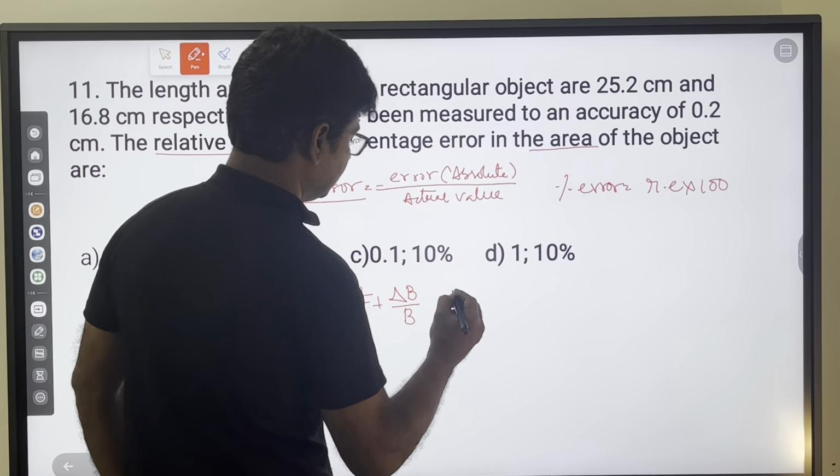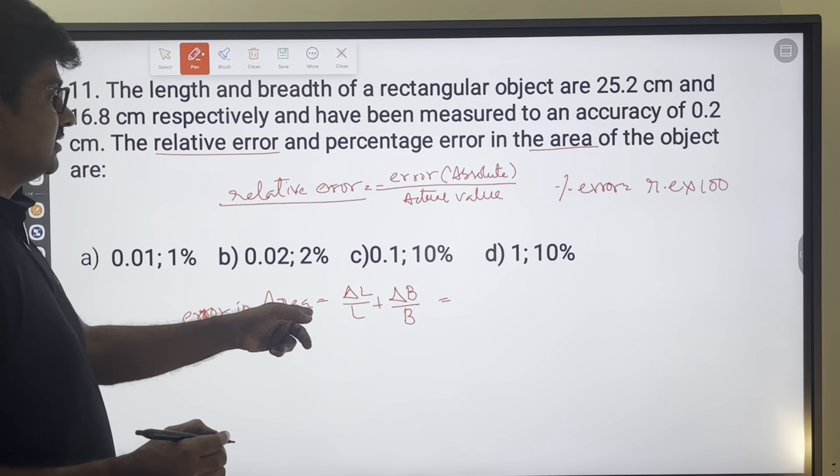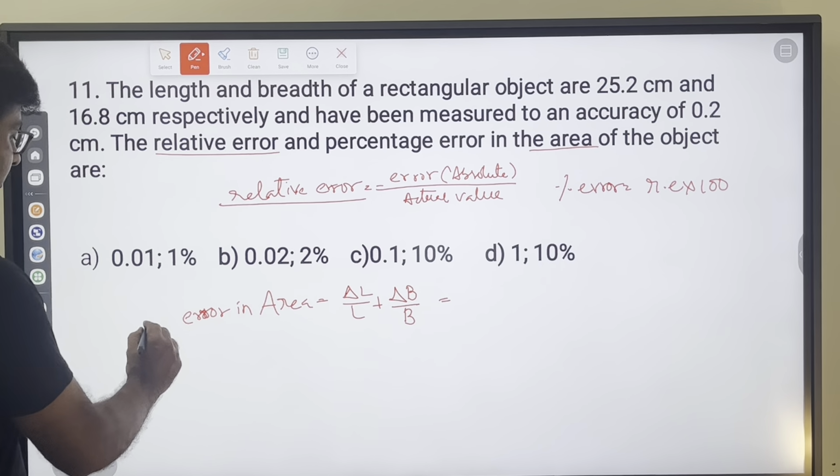So what is this now? This is relative error.